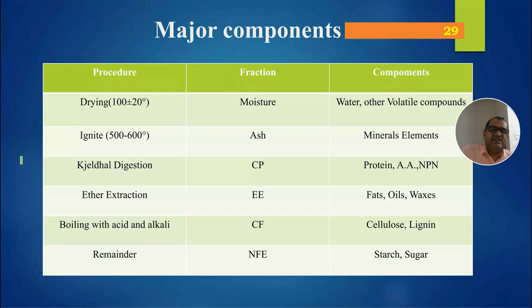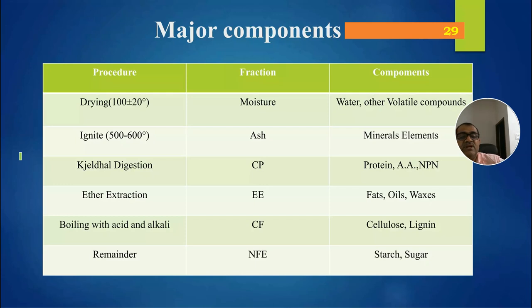So here there is a chart showing what happens when a feed sample is subjected to different proximate principle analyses at different temperatures. So drying at 100 plus or minus 20 degrees Celsius, the fraction that is going out of the feed is the moisture content.